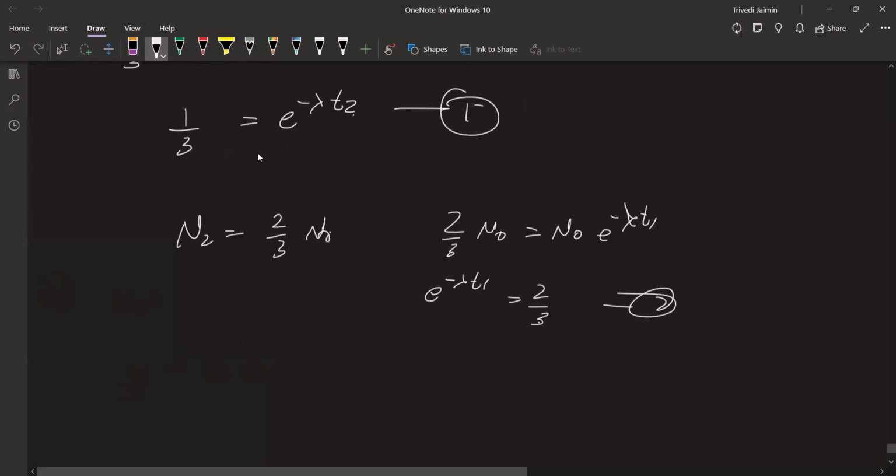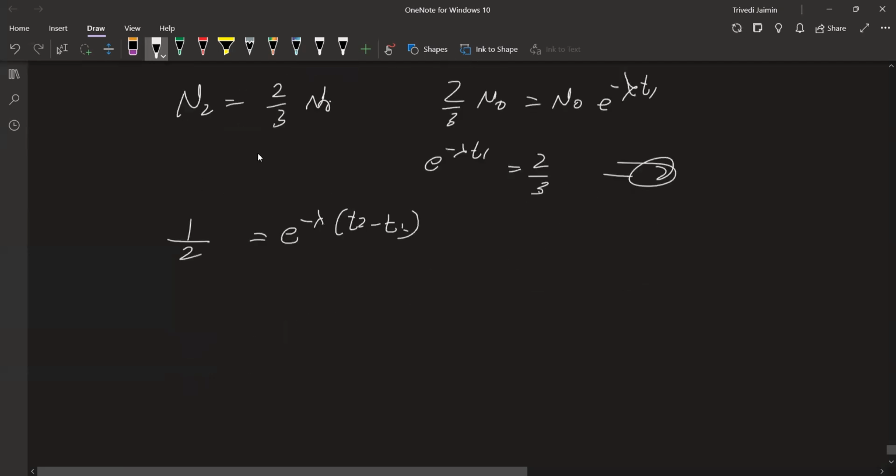Divide both equations. You get 1/2 equals e to the power minus lambda (T2 minus T1). Then if I send this e to that side, it will be ln 2 by lambda.